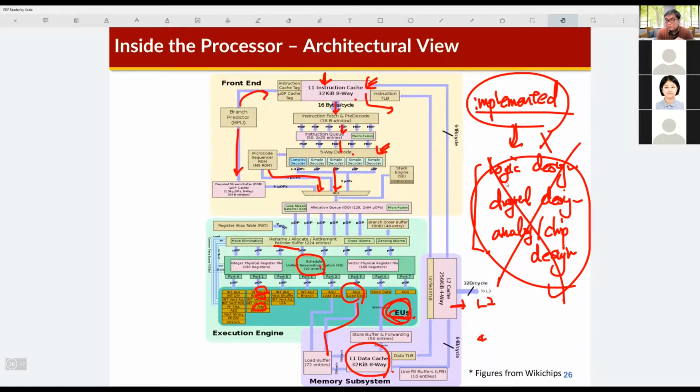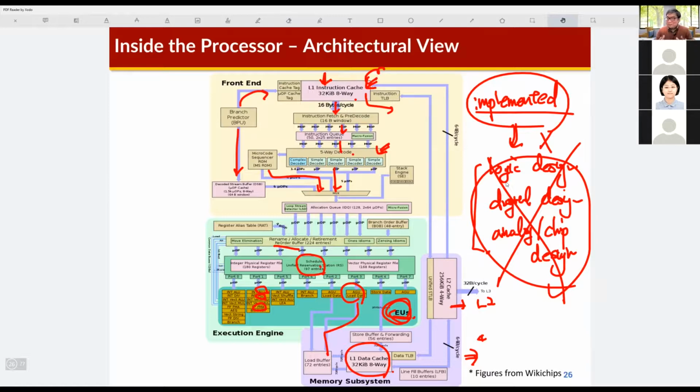So to summarize, we will learn about this level in this course. Like this level, the operation of this block. This is some example, but we'll learn about the pipelining.